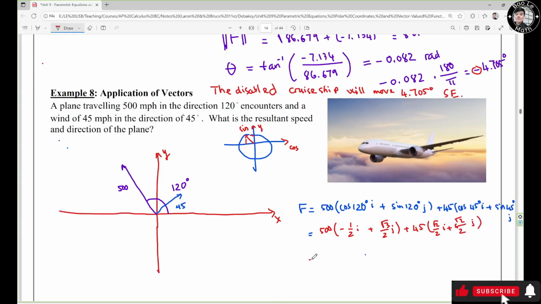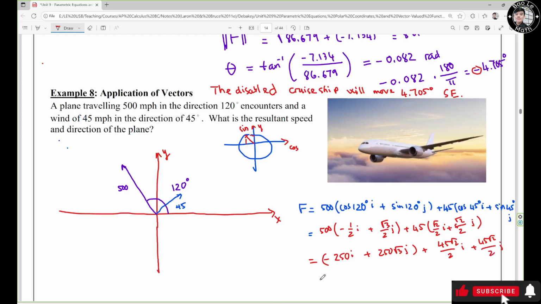Now we're going to simplify. 500 times negative 1/2 is going to be negative 250 i, right? And then plus 250 root 3 j, plus 45 root 2 over 2 i plus 45 root 2 over 2 j.